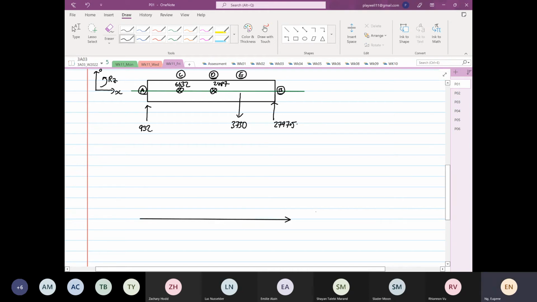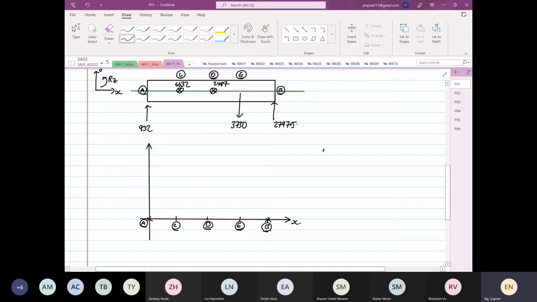So this is our axis, this is our point A, our point C, D, E, and our point B. And we know at point A and point B moments are equal to 0. So we are going to calculate the moment at point C.